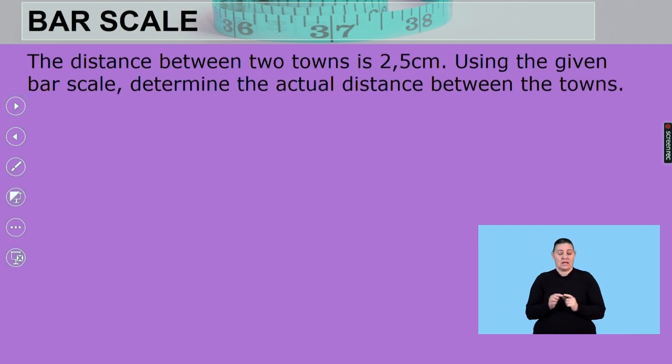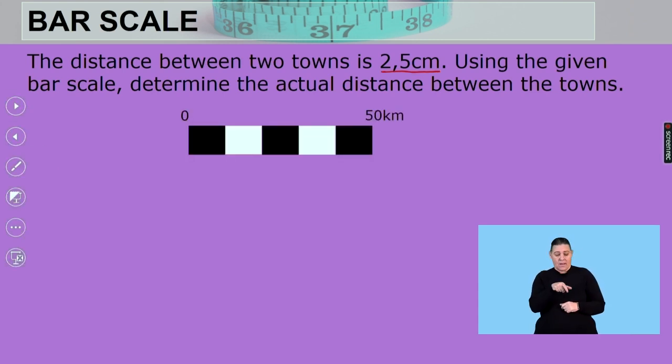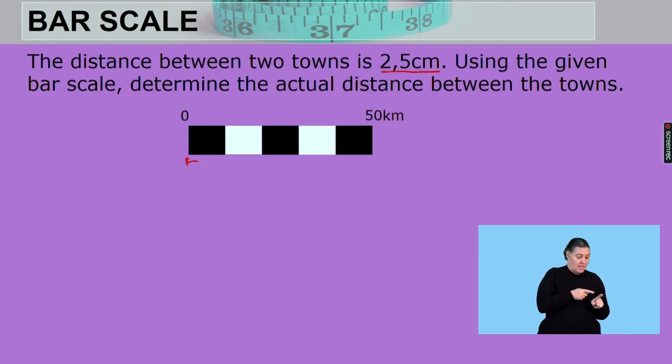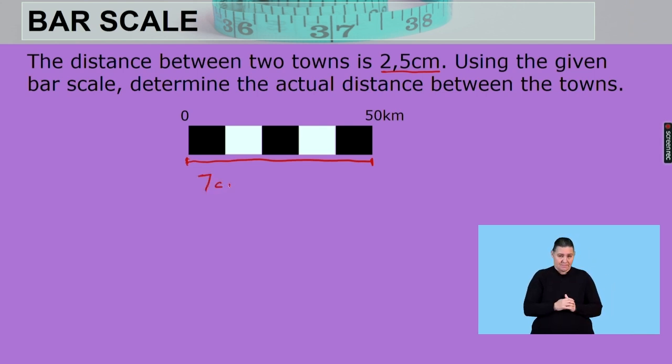So the distance between two towns is 2.5 centimeters. Using the given bar scale, there it is, determine the actual distance between the towns. So again, we've got to measure from that point to that point, right at the end. That'll tell us the distance in centimeters. So like the previous example, I got 7 centimeters. 7 centimeters is to 50 kilometers.